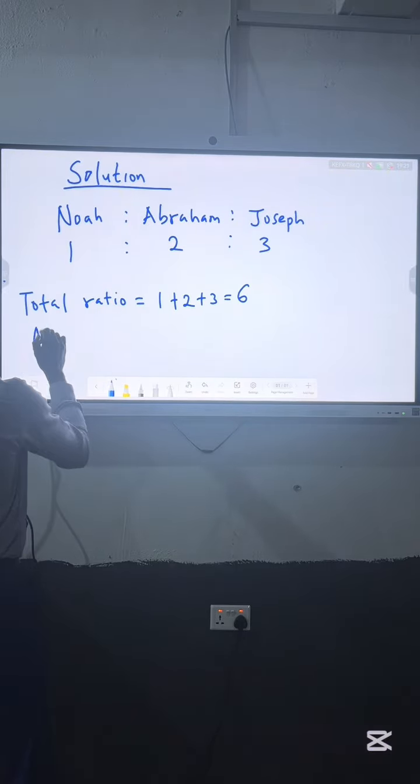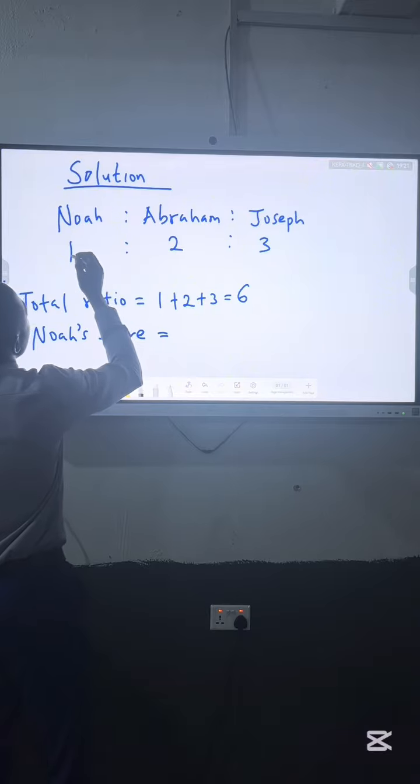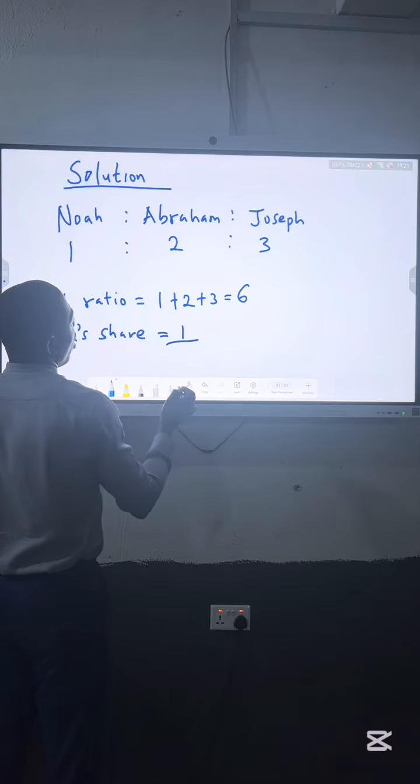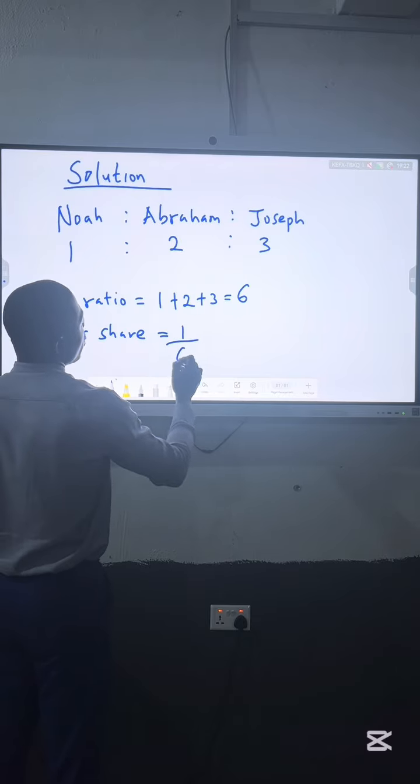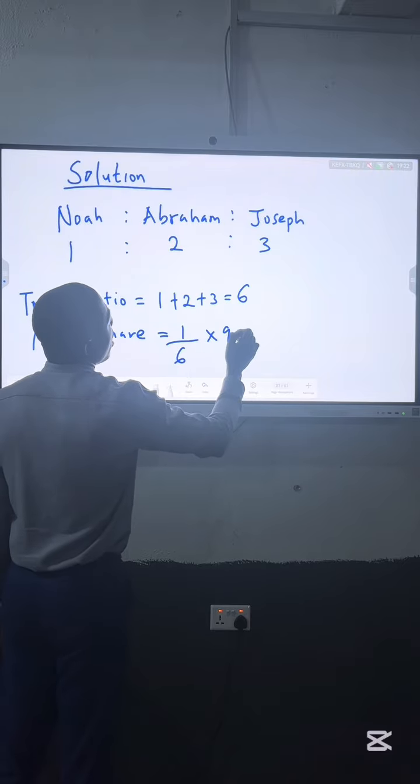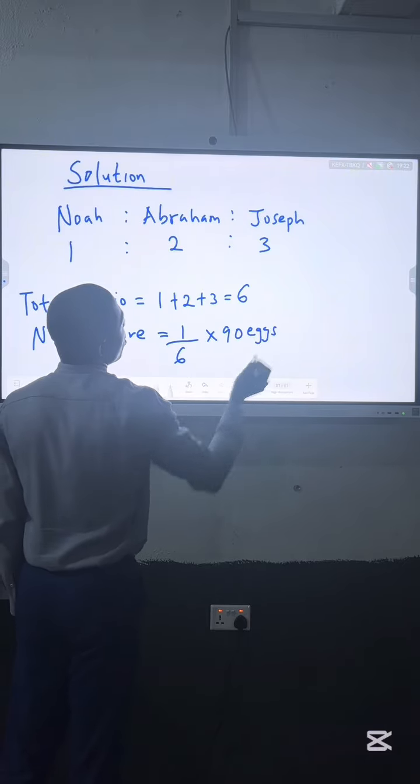All right, so we're going to say the first person is Noah. Noah's share is going to be, what is Noah's ratio? Noah's ratio is 1 all over the total ratio, 6, multiplied by 90 eggs, which they are meant to share.